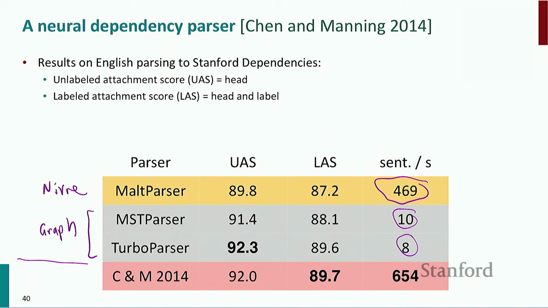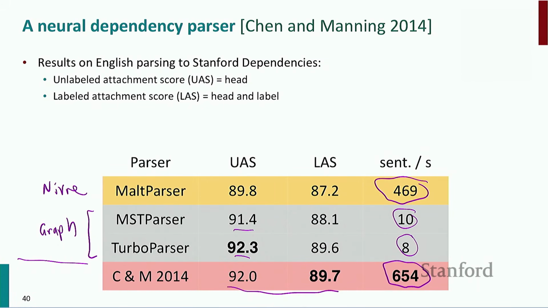They're about 50 times slower, but they were slightly more accurate. You can see here that you're getting a bit better numbers. So essentially what she was able to show was you could build something that was basically as accurate as the best known graph-based dependency parsers, but it was fast like other transition-based parsers.